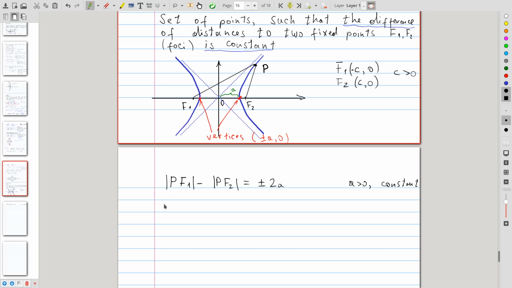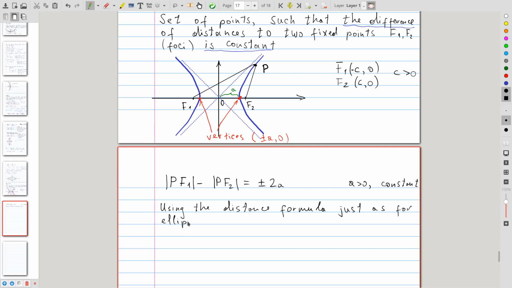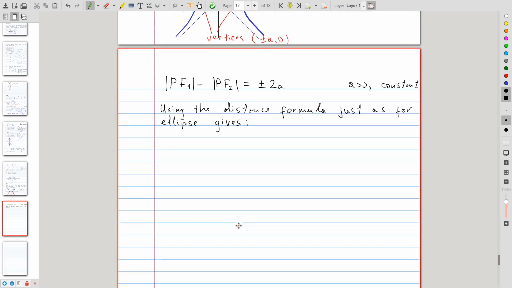So using the distance formula, just as we did for the ellipse, we arrive at the following equation for the hyperbola.